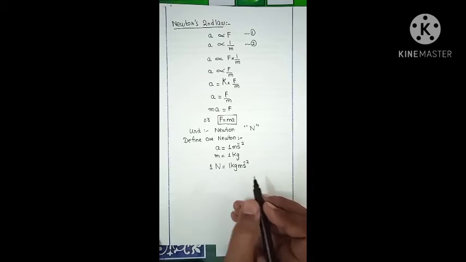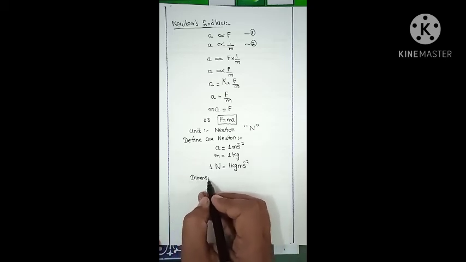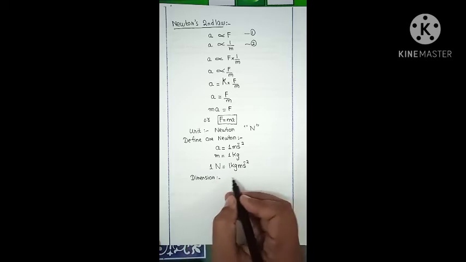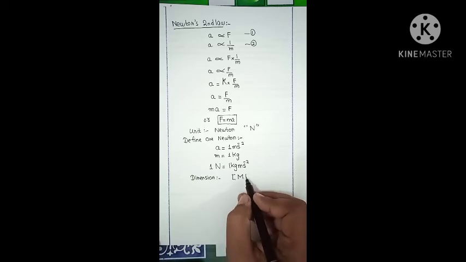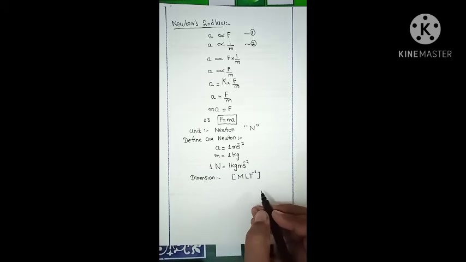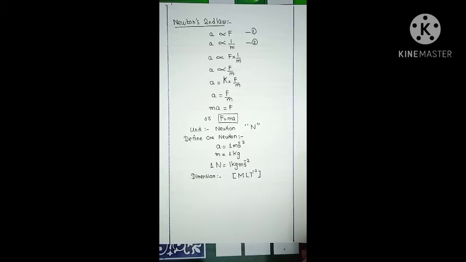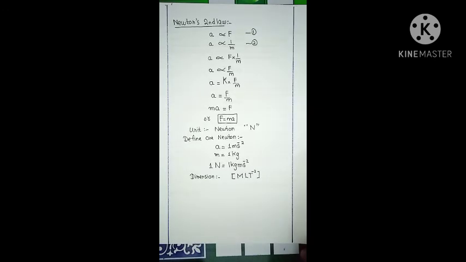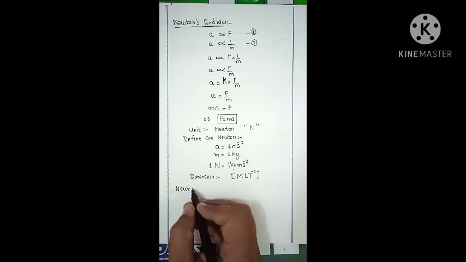The dimension of force is mass M, length L, time T to the power -2: MLT to the power -2. This is known as the dimension of force.